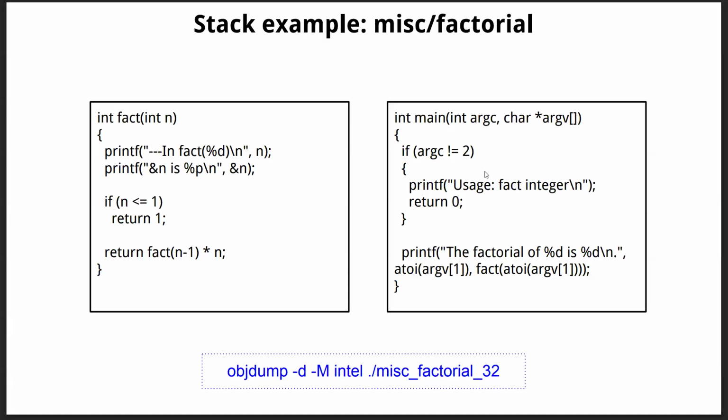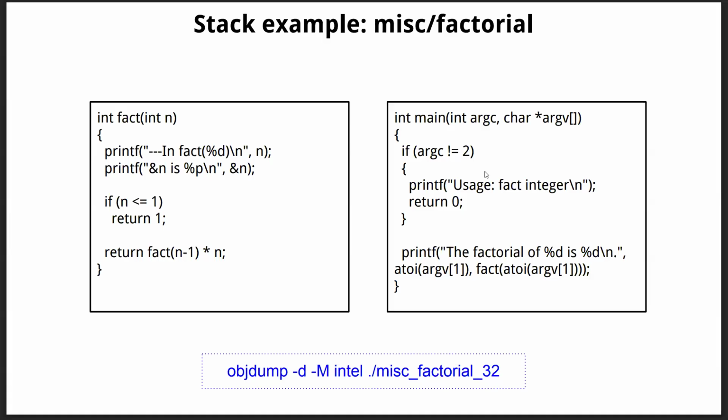Then it shows the first argument, because the command line argument is actually a string, so we use atoi to change ASCII to integer, and print out argv1. argv0 is the name of the program. Then we call the function fact with whatever number you give there. Then let's look at the fact function.